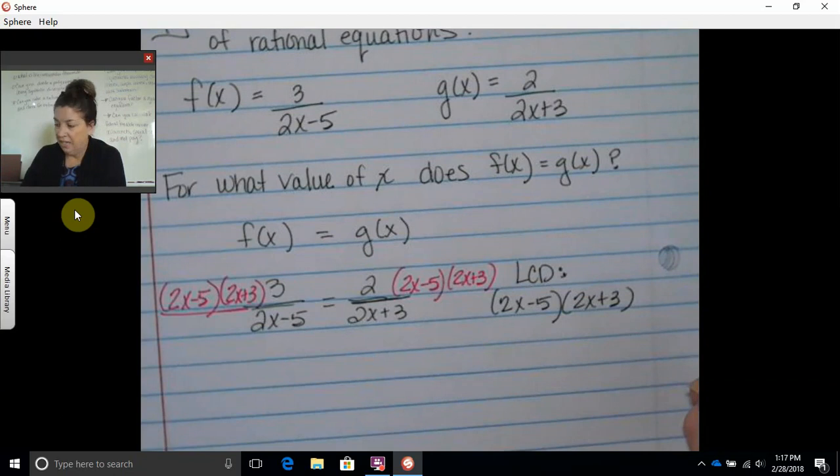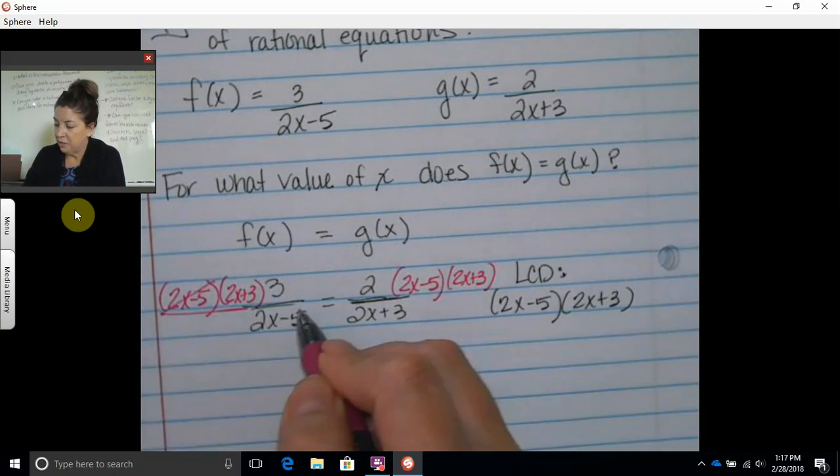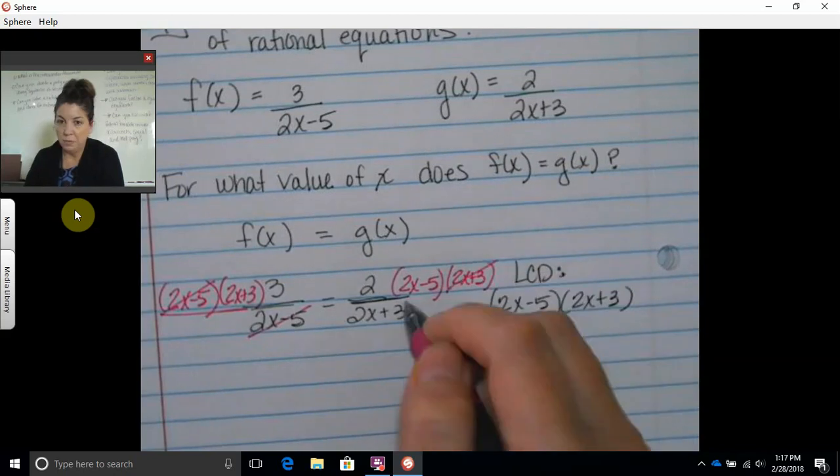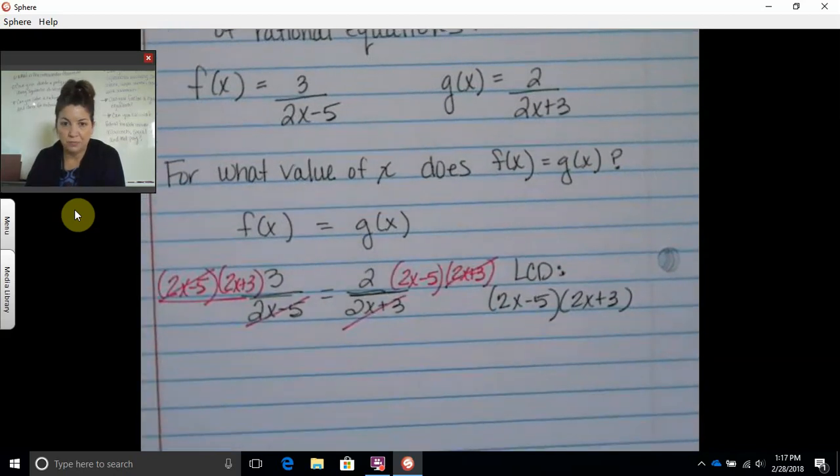Then we cancel where we can. So 2x minus 5 and 2x minus 5 cancel. On the right side, 2x plus 3 and 2x plus 3 cancel. And then we see what we have left.